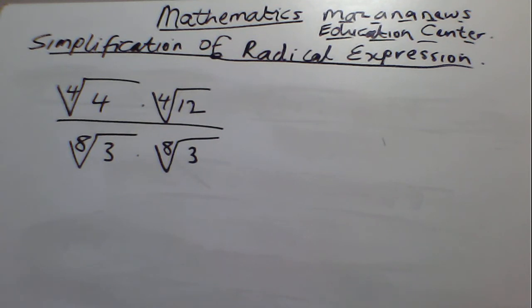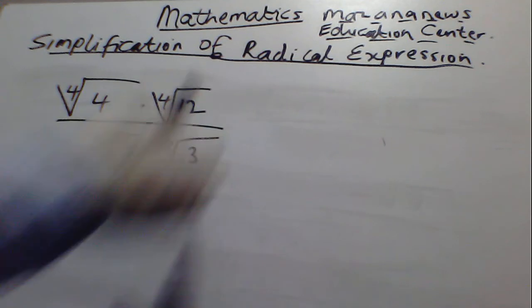So you know what an expression is and what an equation is. An expression is just maybe a product of terms, or algebraic terms, or radical terms. It could also be subtraction, addition, or division.